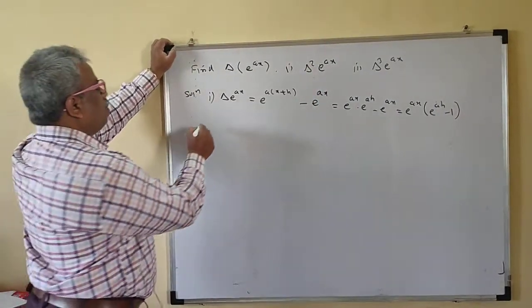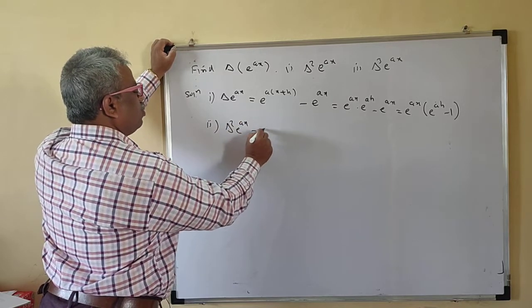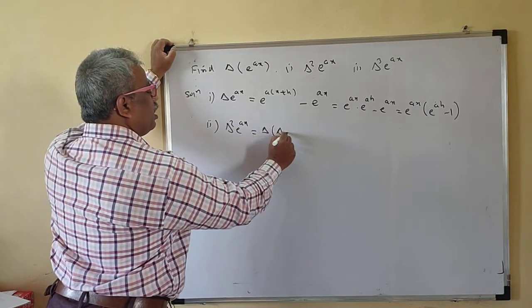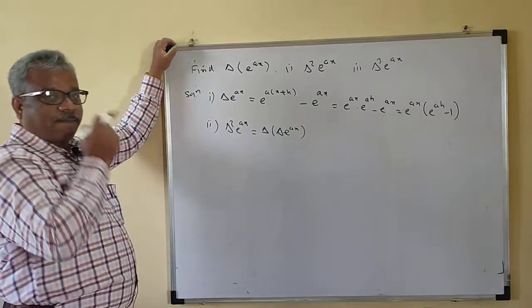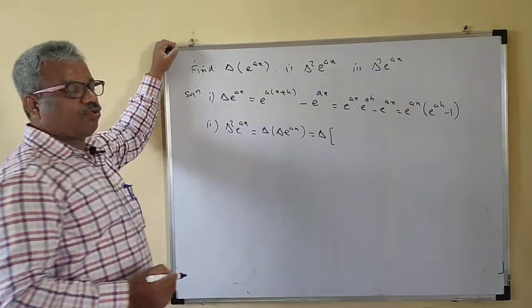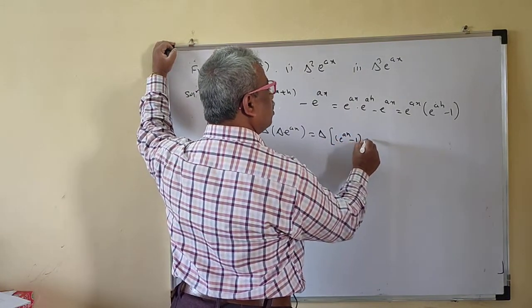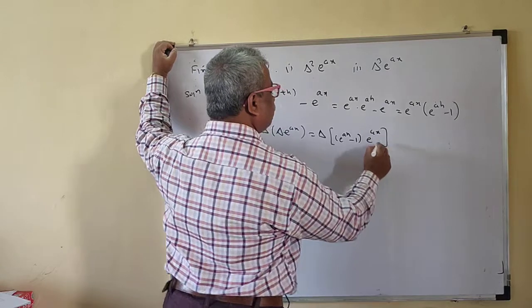Right. So now second, I have to find del square e raised to ax. So this is del of del e raised to ax. This is nothing but del of, we have del e to the power ax, which is e raised to ah minus 1 times e raised to ax.